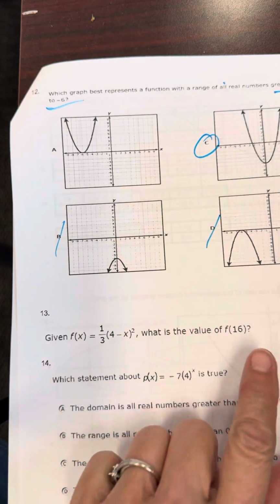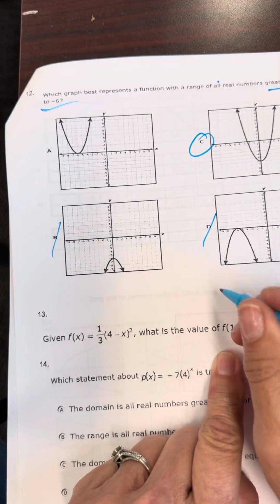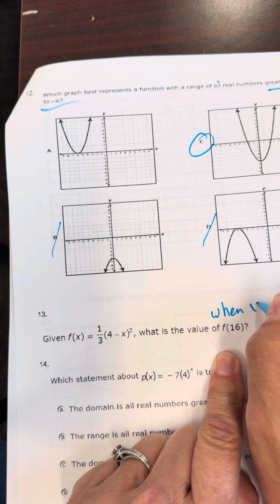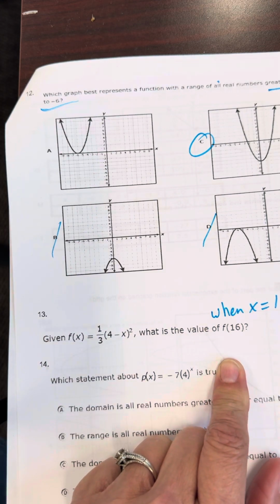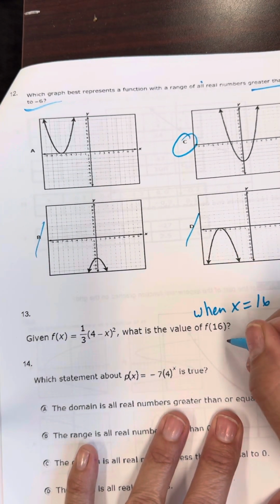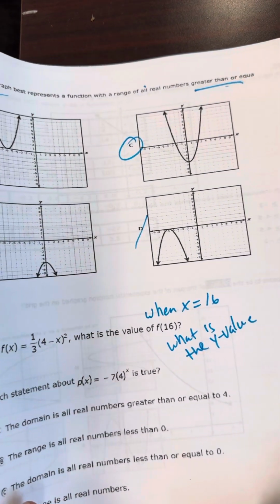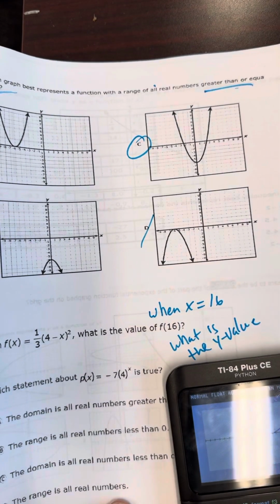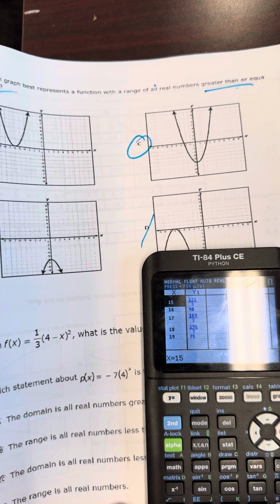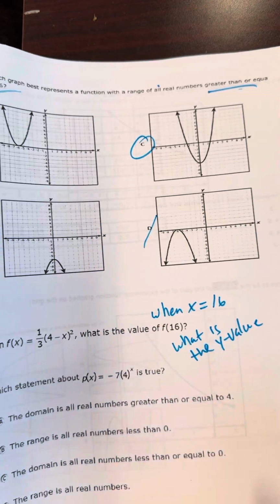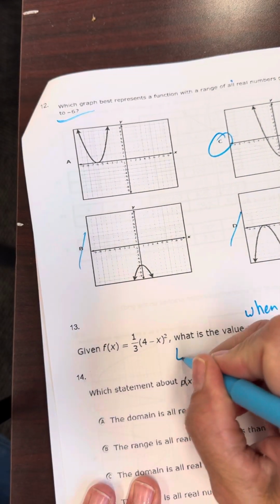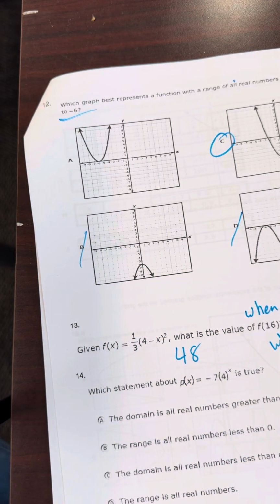And I should have just gone to the table because I'm looking for when x equals 16. What is the y value? Is what it's asking. So go to your table. I need to look at 16, and my answer is 48. And just a number, nothing else.